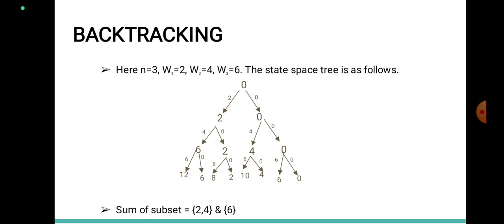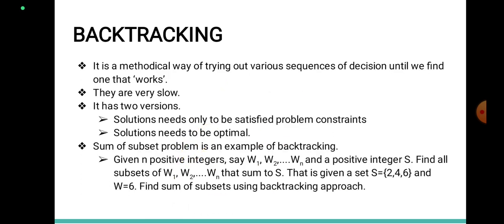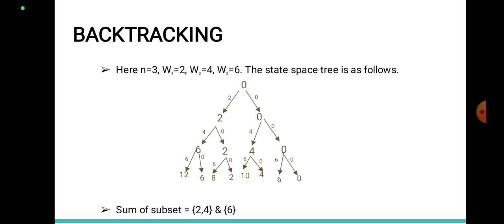Initially we obtained 6 where 2 plus 4 equal to 6, and from another branch we obtained 0 plus 6 equal to 6. So we have obtained 2 solutions, meaning there are 2 subsets. One subset is 2 and 4, and the next one is 6. These are the subsets whose sum is 6.